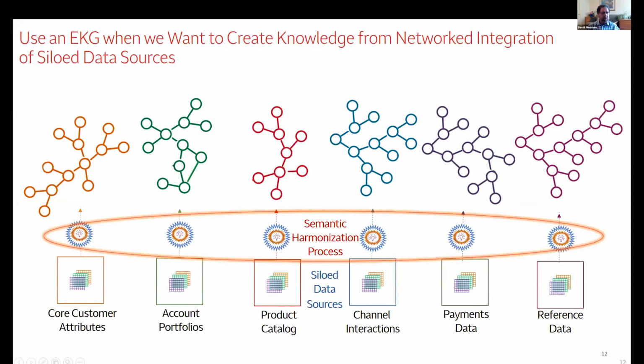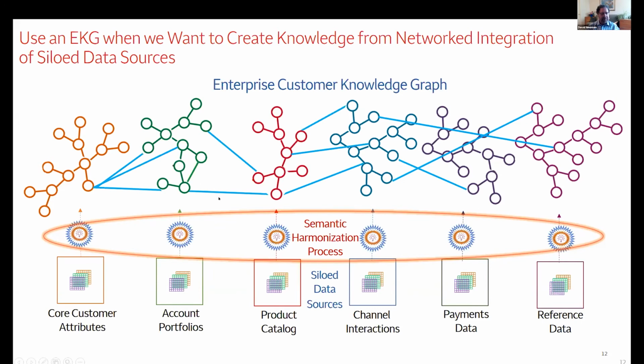We may also want to use an enterprise knowledge graph to link information from multiple different data sources. And so each of these different silos will have an ontology and an operational knowledge graph model.